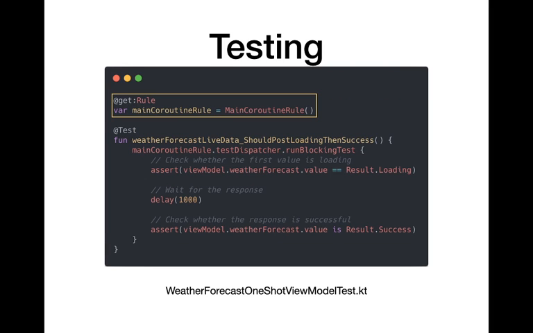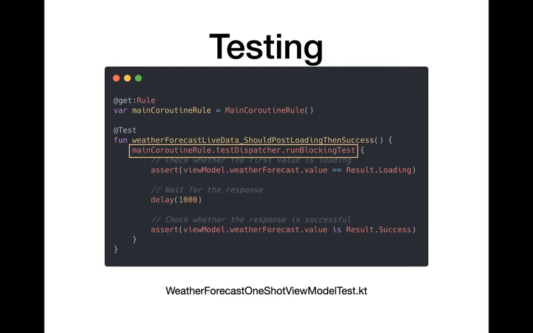So let's see how we use it in the test. You add this rule here, and now instead of using runBlocking, we have runBlockingTest coming from the test dispatcher. Why are we using this? It's because it has two things. First, we're going to inject this test dispatcher. The second reason is that runBlockingTest has a virtual clock.